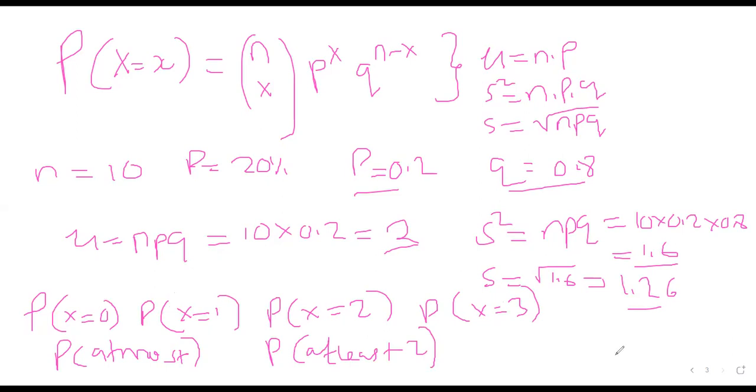So what's the probability of 0? So we go here. Probability x is equal to 0. We use first the standard formula, combination x, and here we put our p, and here we put our q.